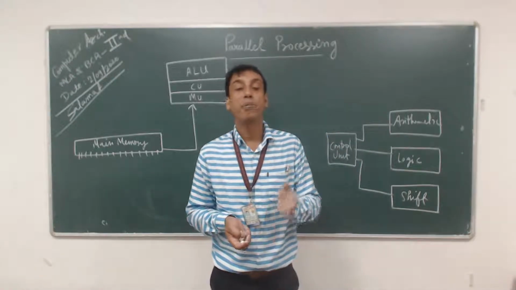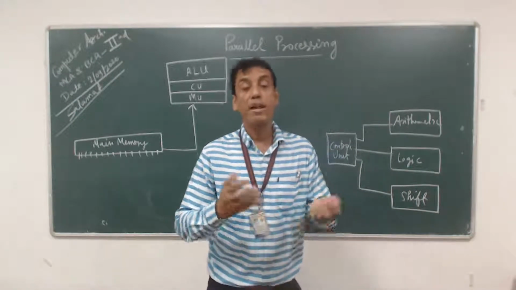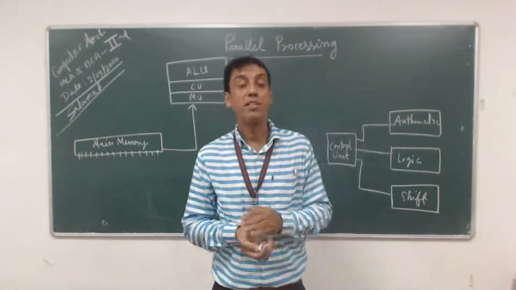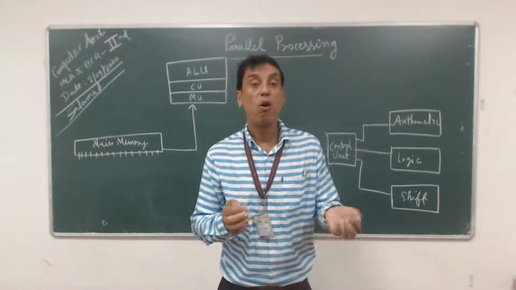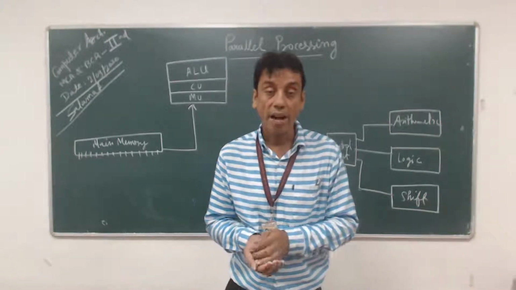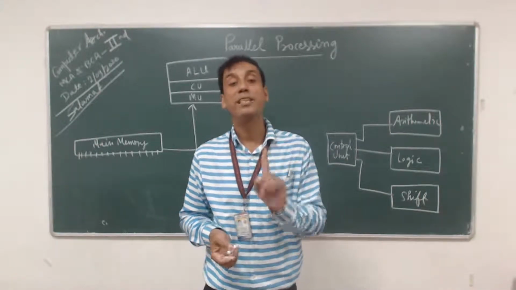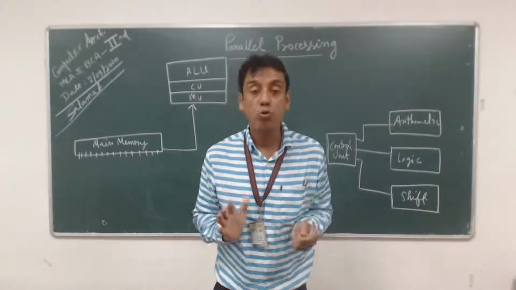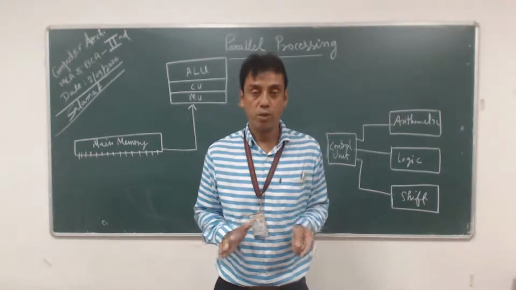First of all, we learned micro instructions. What is a micro instruction? When we execute our program, our instructions are broken into small instructions which a microprocessor executes, and one instruction is executed at a time. This is the usual nature of a microprocessor.